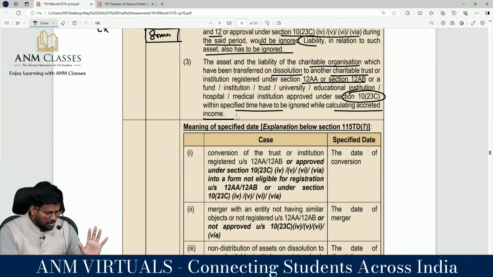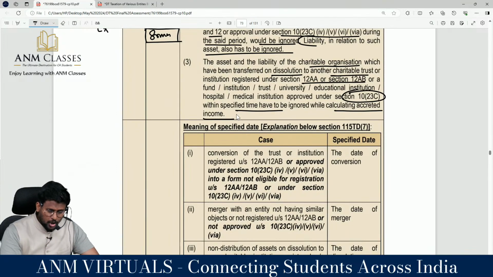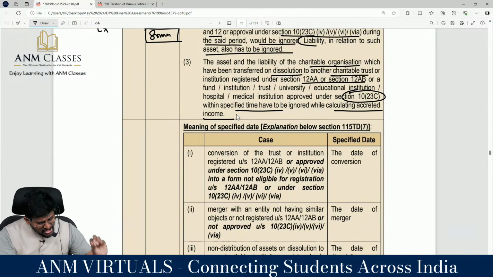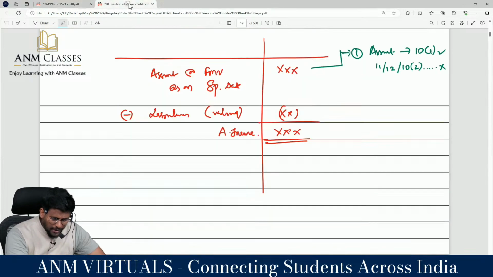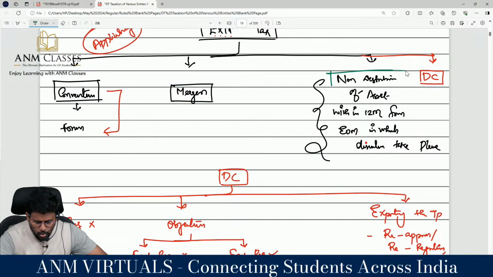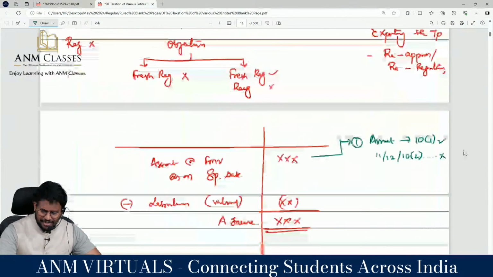That means I have voluntarily dissolved, and after dissolution, within 12 months, out of my total assets, certain assets have been transferred to another charitable trust already registered under 12A or 10(23C) series organization. That means I have not violated the non-distribution condition. I have satisfied it. Otherwise, on those assets I would have to pay accreted income tax.